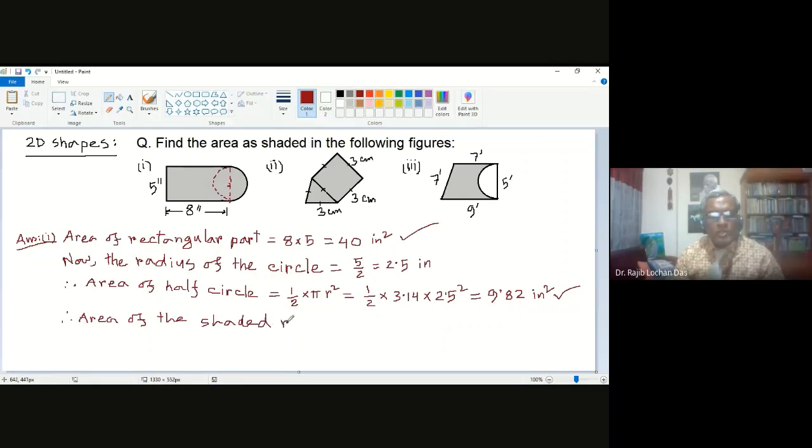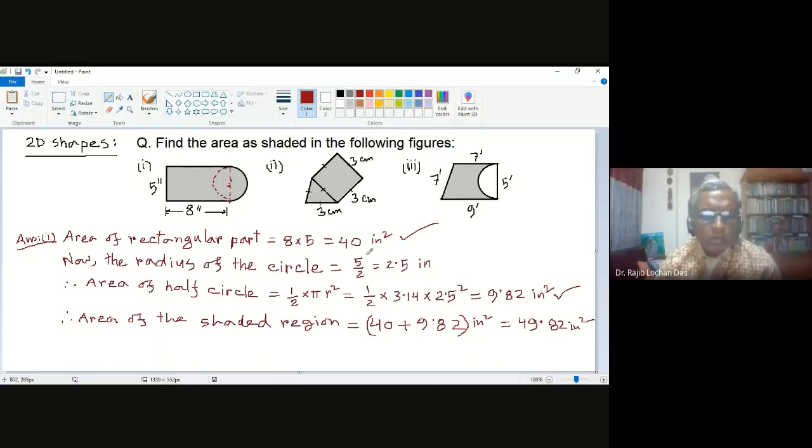So what will be the answer? 40 plus 9.82. So that will be inch square. So 49.82 inch square. So this is your answer.